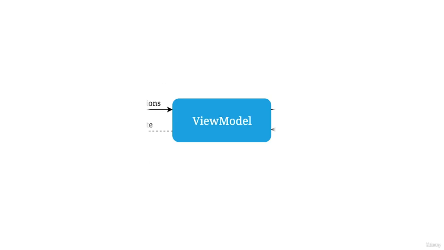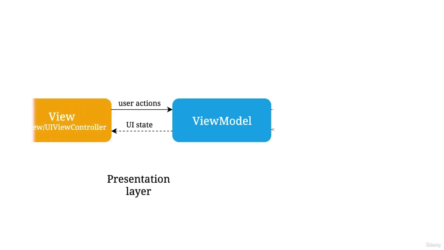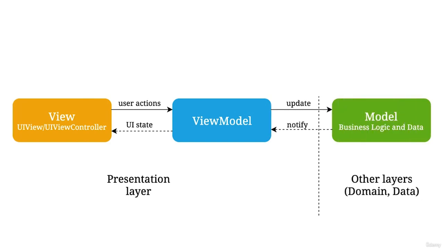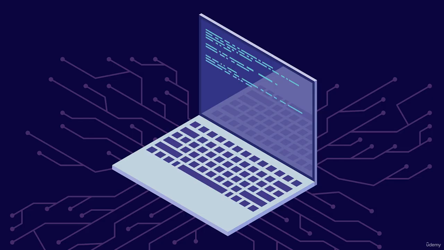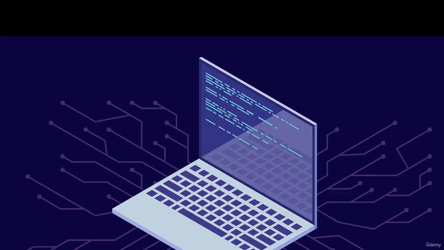With MVVM, the ViewModel class is responsible for handling the UI logic and exposing data to the view, while the model class is responsible for the business logic. Separating the concerns of the different components can make it easier to modify and maintain the code base over time, as I said earlier.